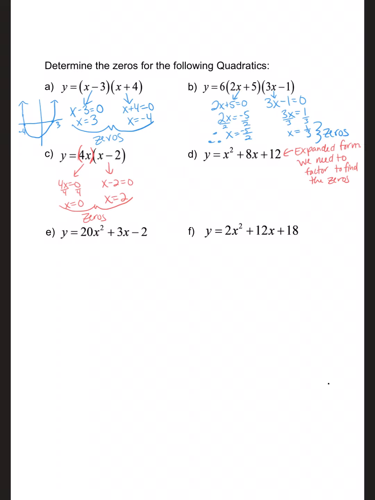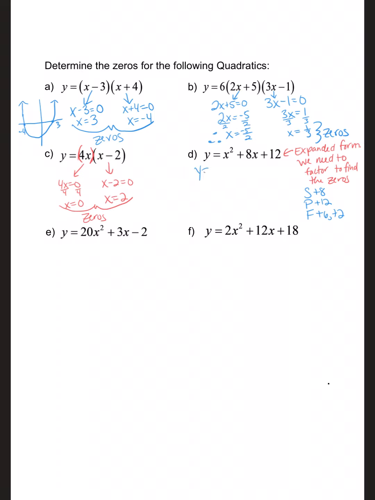Okay, so in this case, we have a simple trinomial. So if we have a simple trinomial, we'll set up our SPF. So I need two numbers that are going to add to 8 and multiply to 12. Those two numbers are going to be +6 and +2.